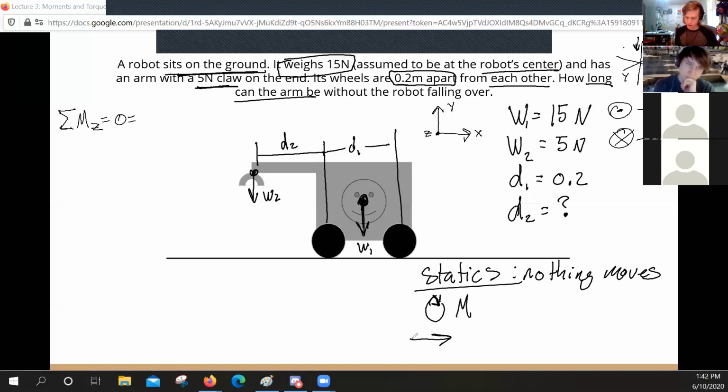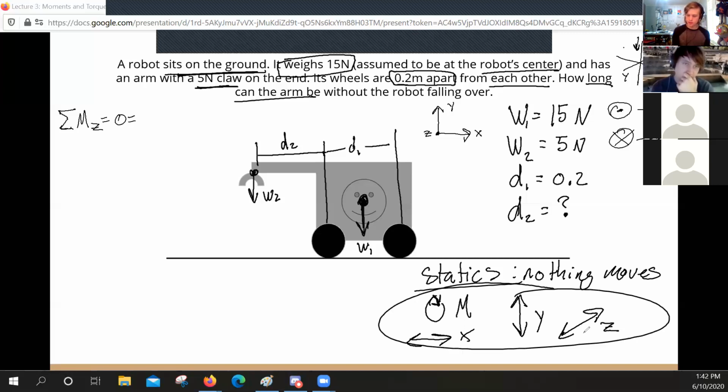Nothing moves to the right or left, that's our x. And nothing moves up or down, which is our y. If we're looking at three-dimensional space, nothing moves back or forth, which is our z. So we need an equation for all of these, except right now we don't need a linear z because we don't have any linear z components.